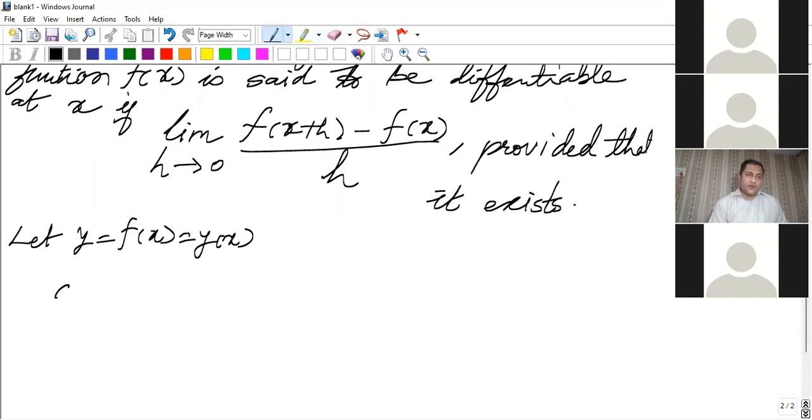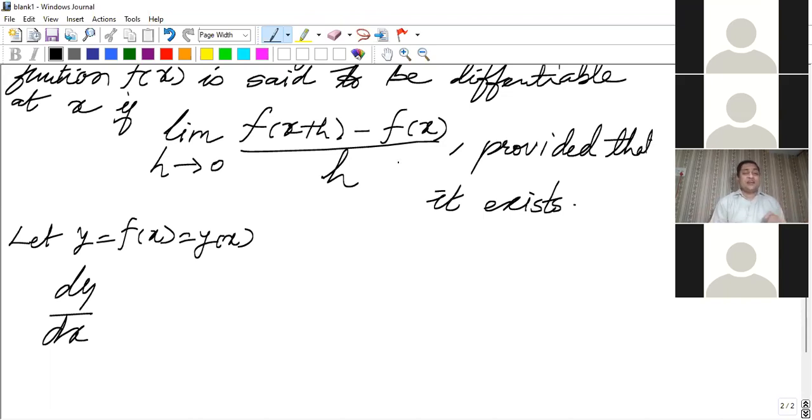We have dy by dx. This is a very important notation. In this semester you will be learning more different types of derivatives also. Up to now you are equipped with the derivative dy by dx, but you are going to have some more different types of derivatives.